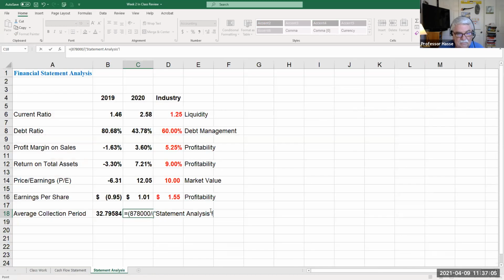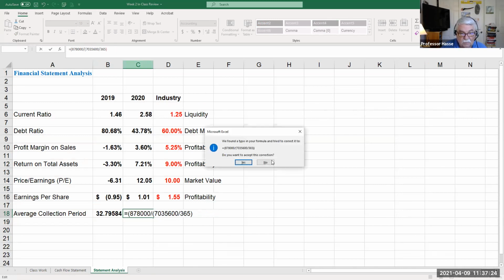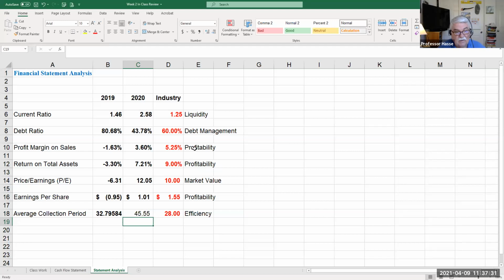We go back to that. We take 7,035,600 and divide by 365 days. I've got to figure out one more parenthesis, sorry. Put in another parenthesis, there we go. And our average collection period is there, 45.55.